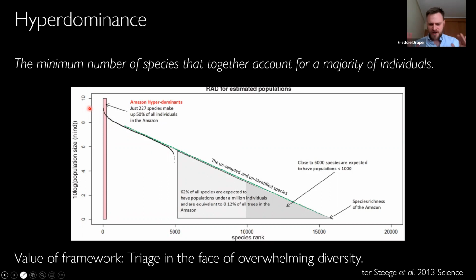So although you've got these really complicated, hyper-diverse forests, the whole of the Amazon, just 227 account for half of all individual trees. So for me, there's really huge value in this framework. So you can understand half of the forest almost at the species level by concentrating on these really dominant tree species.